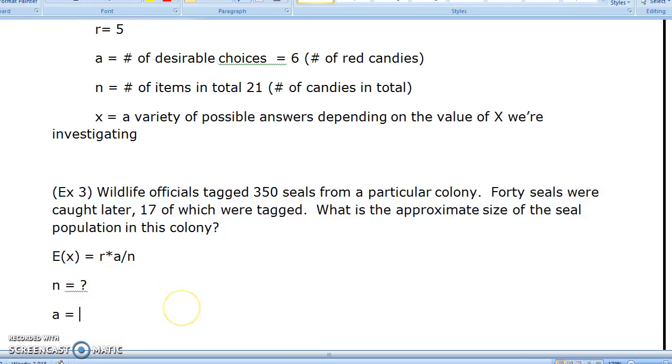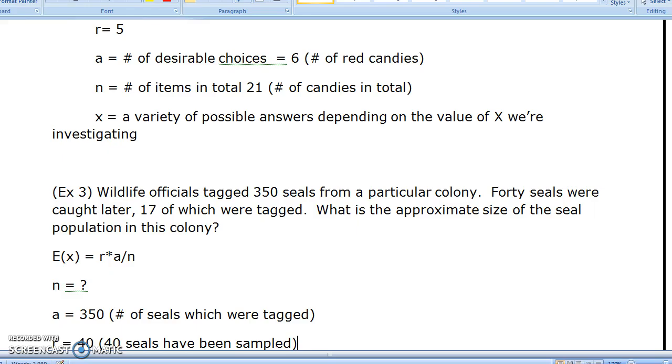We do know that A, however, is 350, because that's how many seals were tagged. And we also know that R is equal to 40, because 40 seals have been sampled.